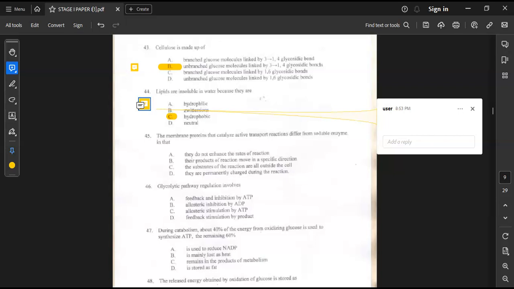Based on the group they contain, they can be phospholipids, which contain phosphoric acid, or non-phosphorylated ones, like the glycosphingolipids, which are attached to a carbohydrate.